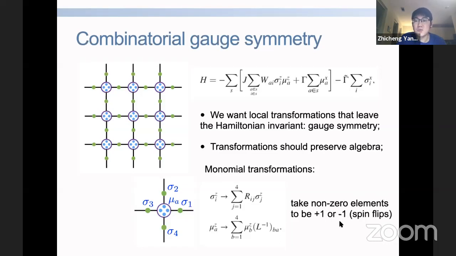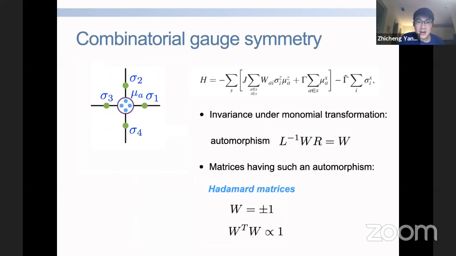Here -1 means, in terms of acting on the sigma z's, a spin flip, and +1 of course leaves it invariant. And then we want the star term to be invariant under this transformation simultaneously on the gauge and matter spins.